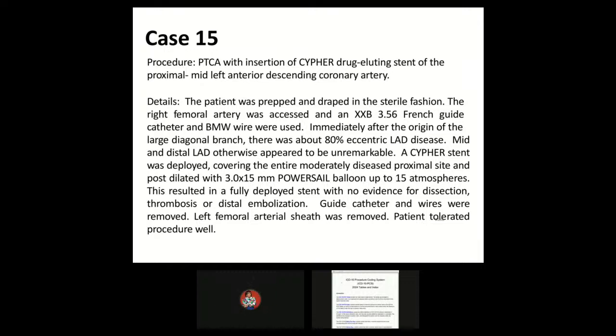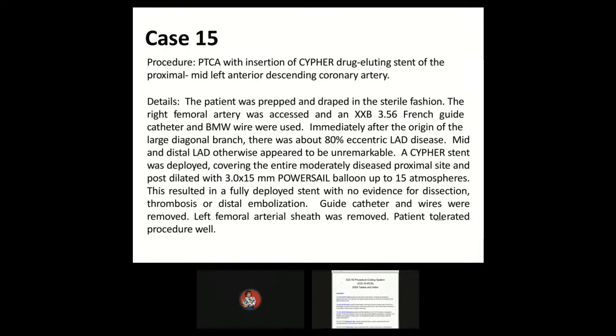Here we go. Patient had a PTCA with insertion of a cipher drug-eluting stent of the proximal mid left anterior descending coronary artery. Prepped and draped in a sterile fashion, the right femoral artery was accessed, and an XXB 3.5 6 French guide catheter and a BMW wire were used.